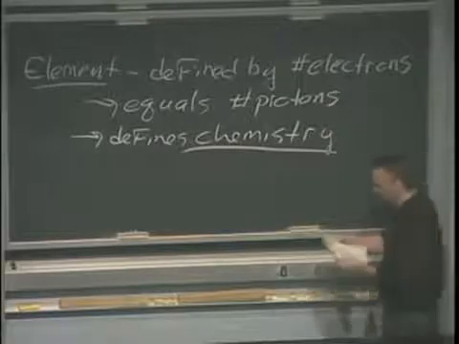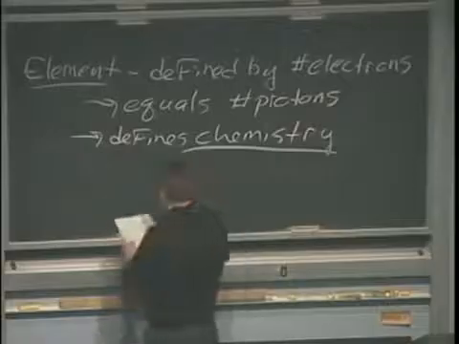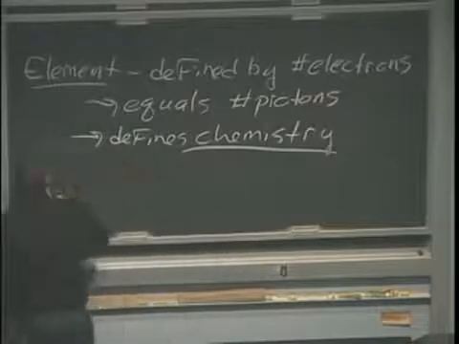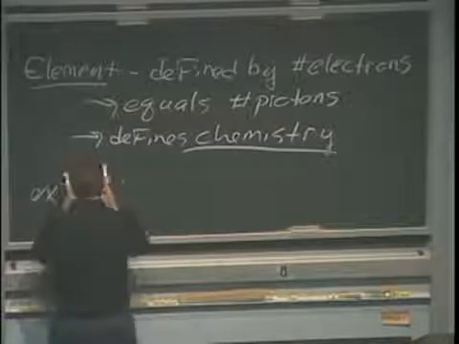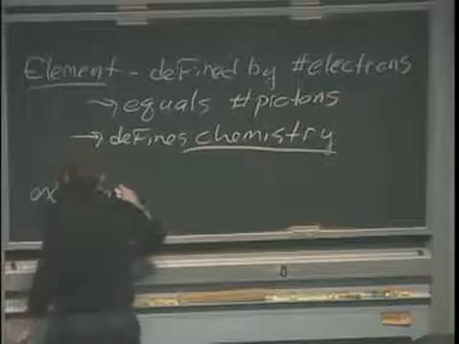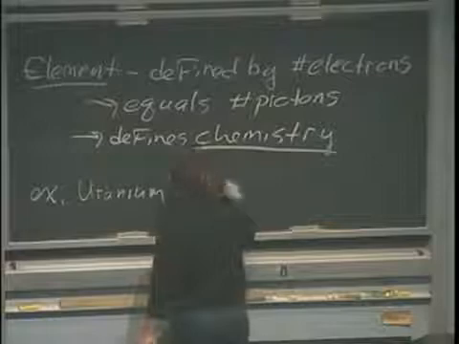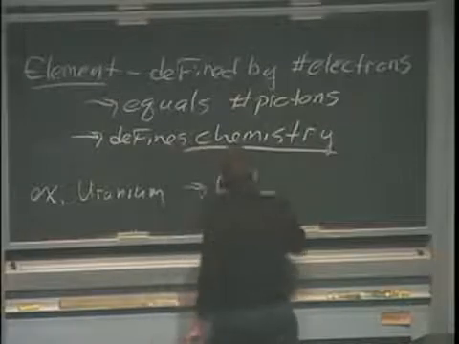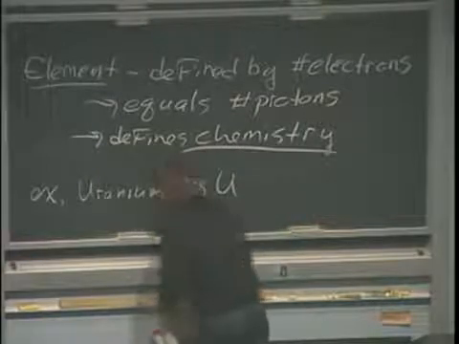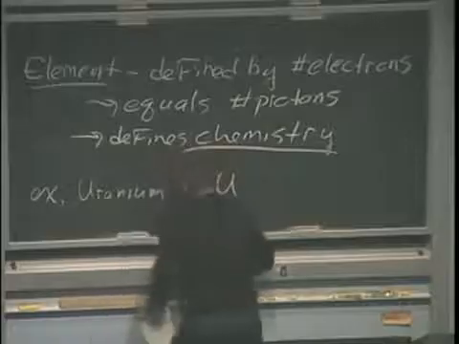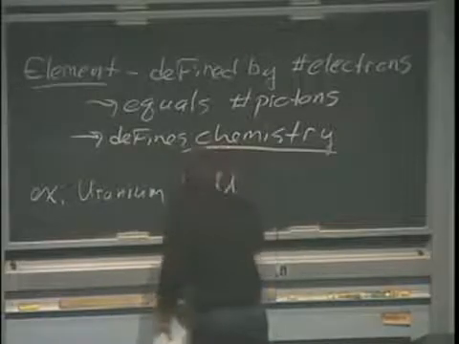You want to separate that from an isotope. Let me do an example, which will be important for the rest of this section: uranium. Sometimes we see it written as U with a little 92 subscript on it.